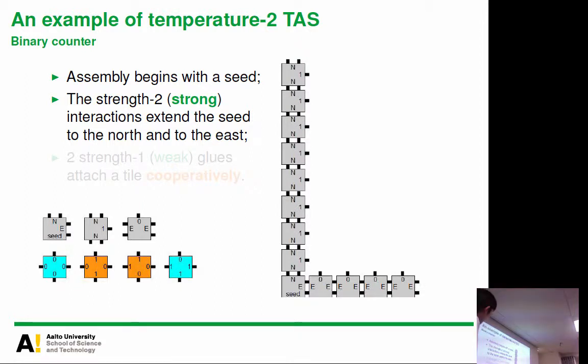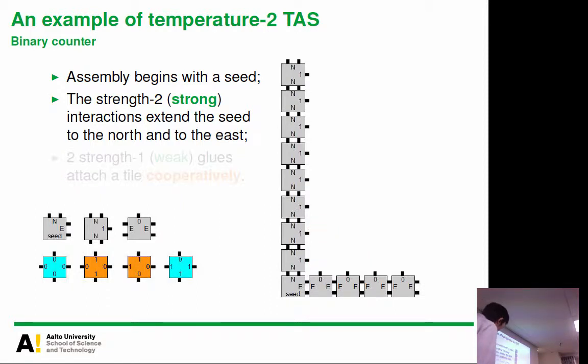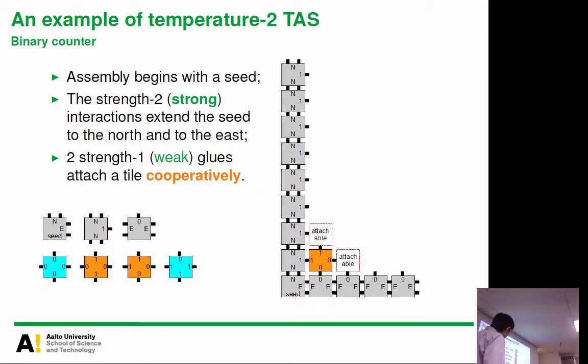Clear? Okay. And then an interesting thing happens here. Let's see this position. This position has support from the west and from the south, but both supports are quite weak. But they cooperatively bind these orange tiles here.